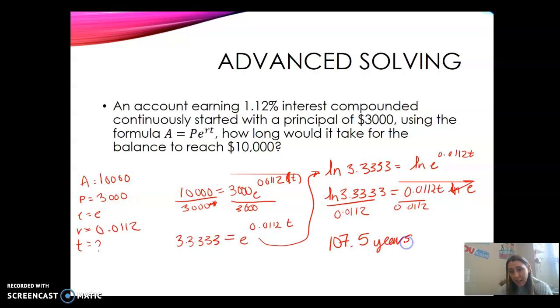Wow, that would take a long time. So if you want to see what it looks like in the calculator, I've got natural log of 3.33333 divided by 0.0112, and that gives you 107.5 years.